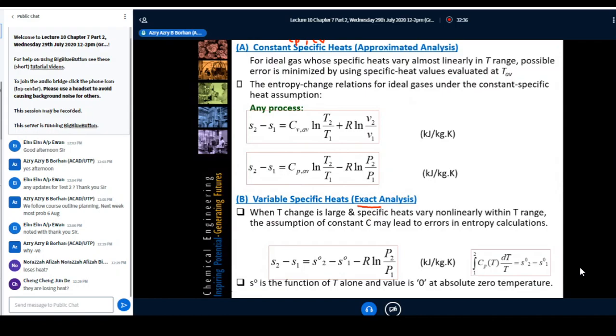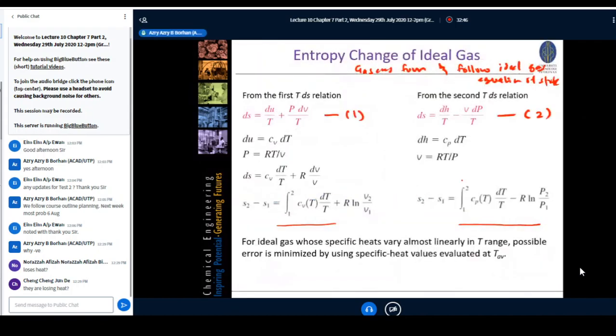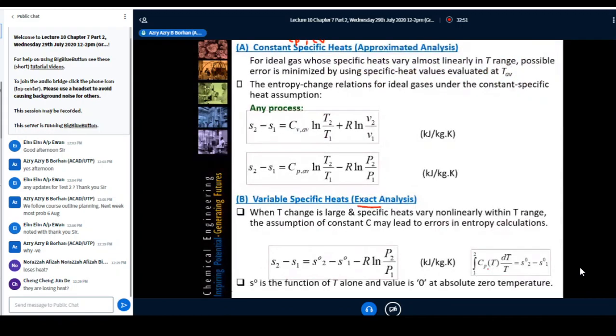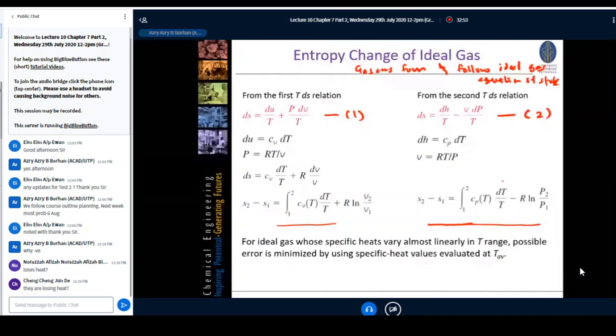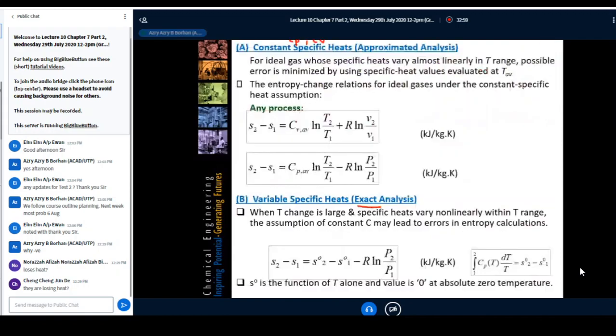Now, in order to utilize the exact analysis, from this second TdS relation over here, we know this part, the one in the bracket, we replace in terms of s naught 2 minus s naught 1, where the naught value represents the absolute zero temperature.